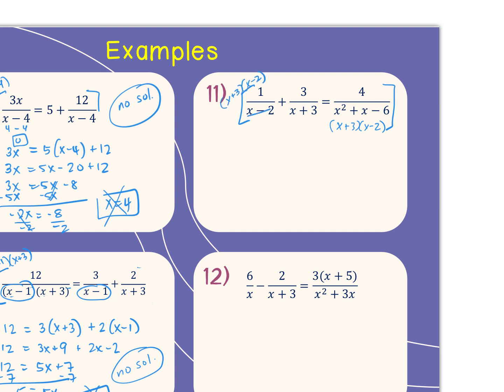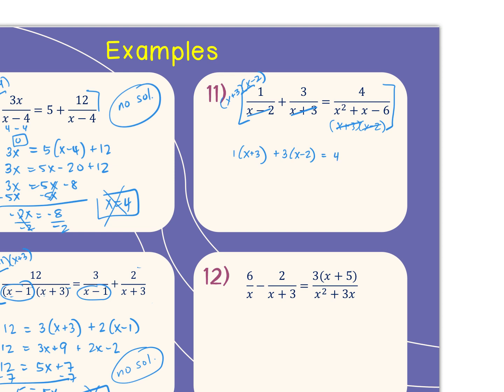So this one has a denominator of x minus 2, so that's going to leave me with 1 times x plus 3. This one has a denominator of x plus 3, so that's going to leave me with 3 times x minus 2. And this one, both of these will cancel out, so it'll leave me with just the 4.